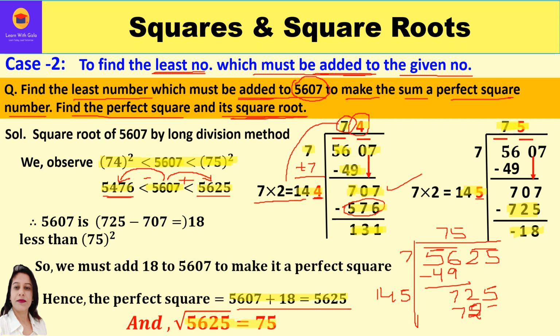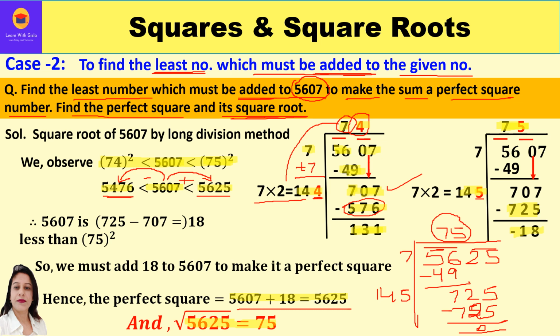Subtract it, we'll get 0. Now see, the remainder is coming 0 over here. That means 5625 is a perfect square number whose square root is 75. Basically it is the square of 75.